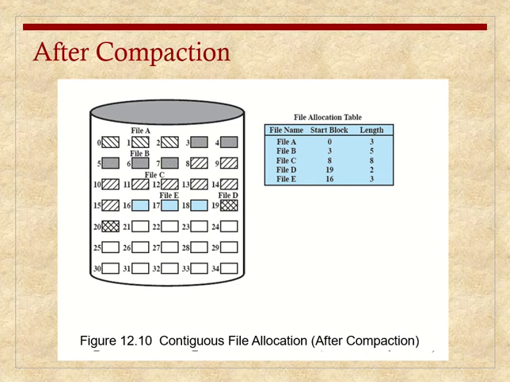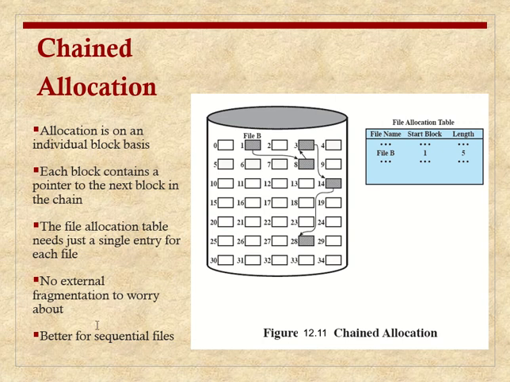The second type of file allocation is chained allocation. Allocation is on an individual block basis, and each block contains a pointer to the next block in the chain. Okay, so this is better for sequential files.